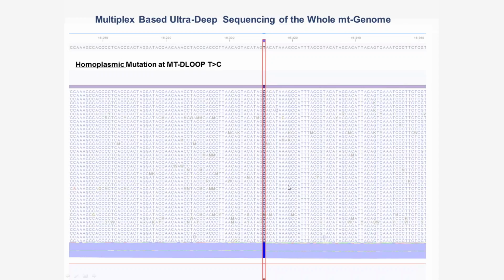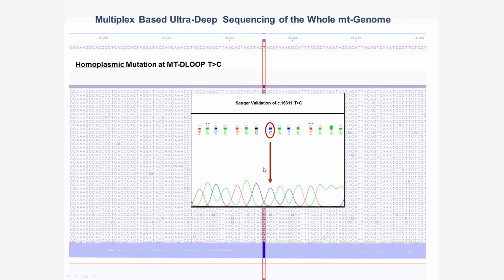Here you see a homoplasmic mutation, which was then also validated by Sanger validation.